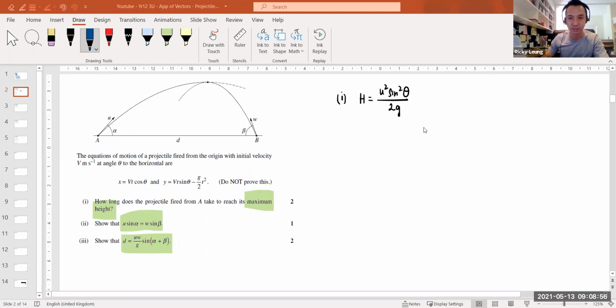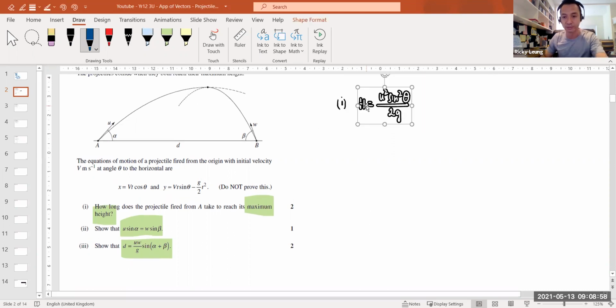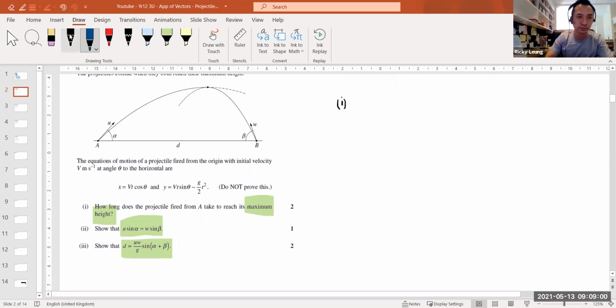So let me take a step back, delete this. I don't need that. Max height occurs when vertical velocity is 0. And I know vertical velocity is u sine theta minus gt, right? In this case, u is u, but theta is alpha, equals 0, minus gt, because of gravity.